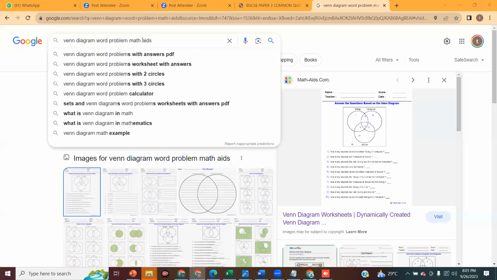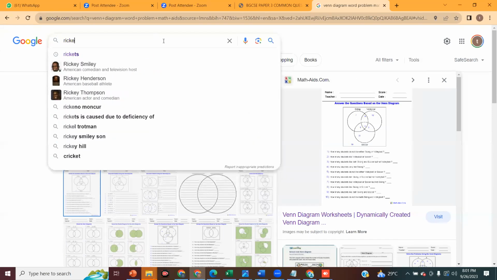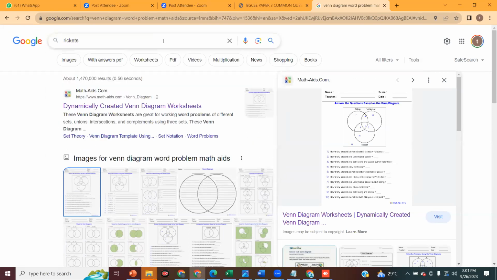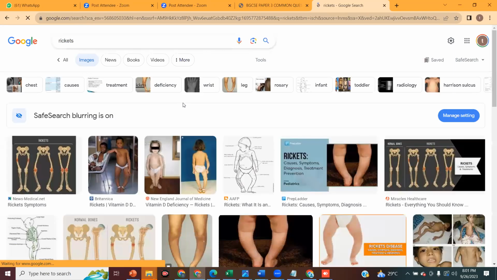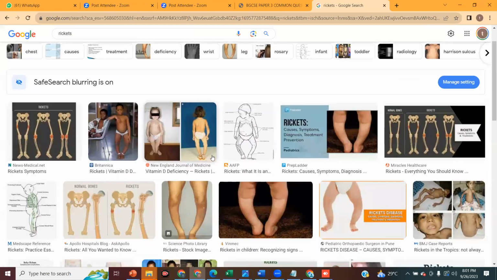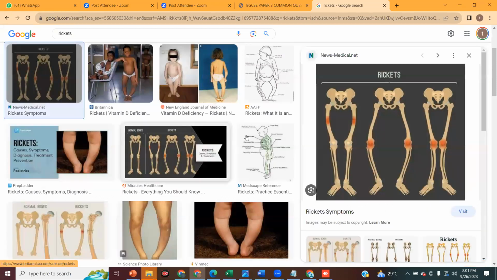So remember, where are we? It's rickets. Let me show you some pictures. I think I did show you some pictures last class about rickets. And so remember the bones being like this. And yeah, these are not nice images, right? So that's rickets, brittle bones, all right? And what vitamin do they lack?